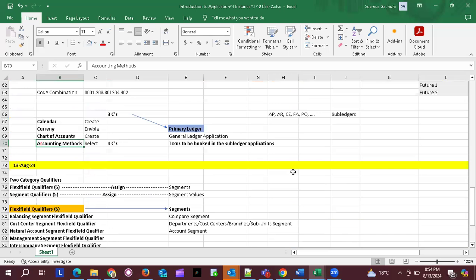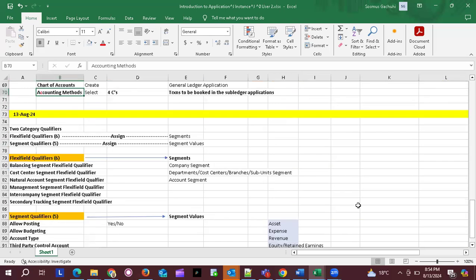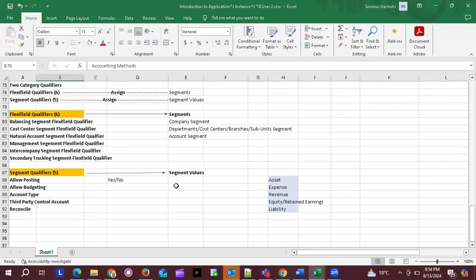We look at the accounting entries when we start doing transactions, so that we can understand more. But it's very good to understand this point, because this is what we'll be using. The moment we are creating an account, we have to tell whether it's an asset, expense, revenue, equity or retained earnings, or liability.